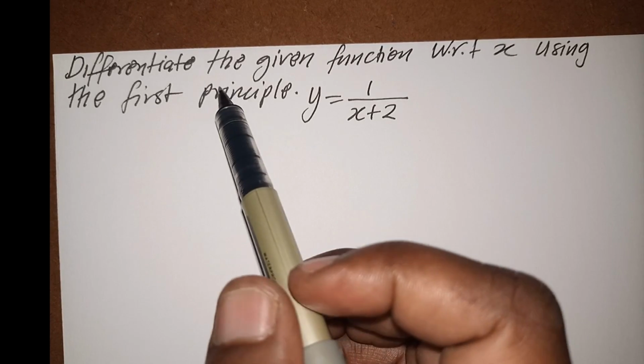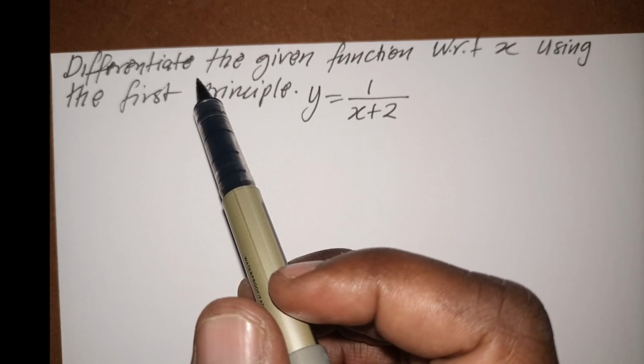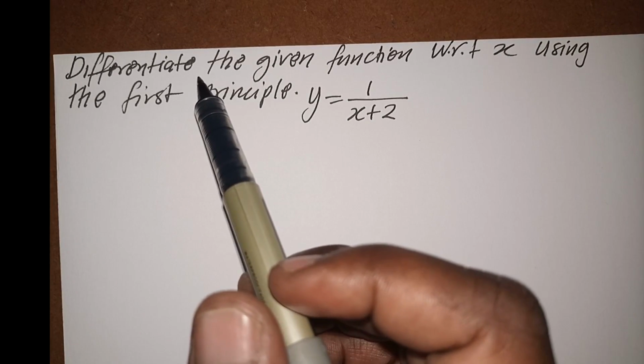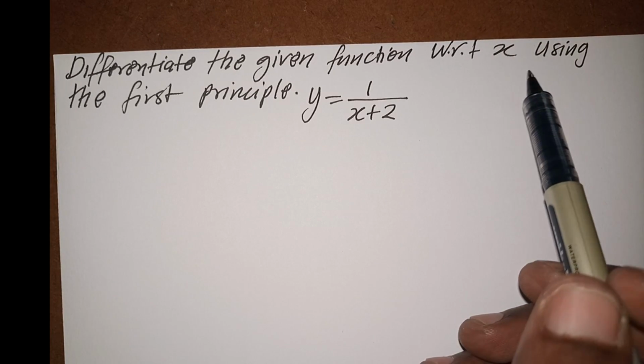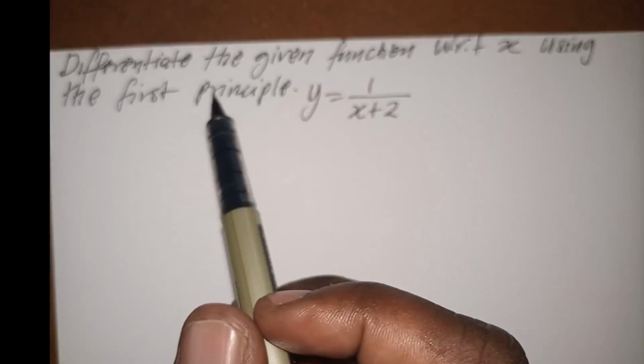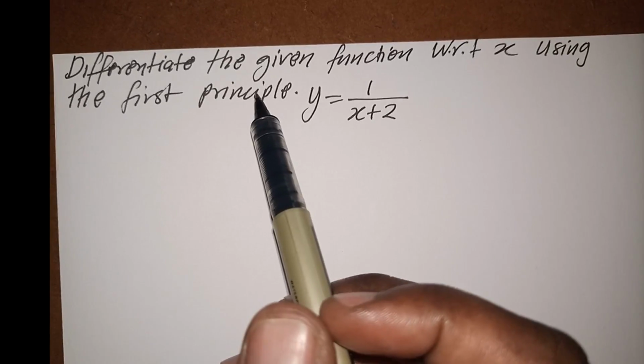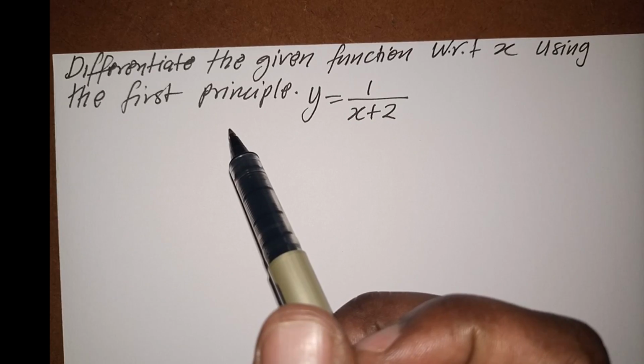Okay, we are looking at a question which is saying differentiate the given function with respect to x using the first principle. So this is the first principle of differentiation.